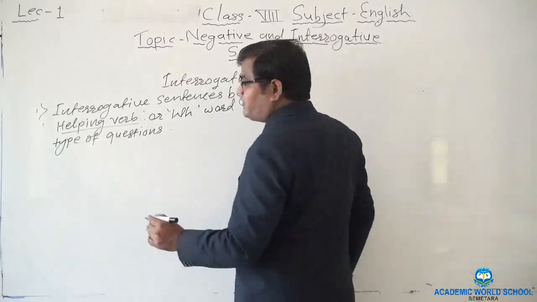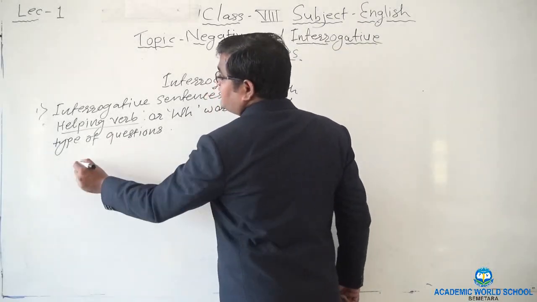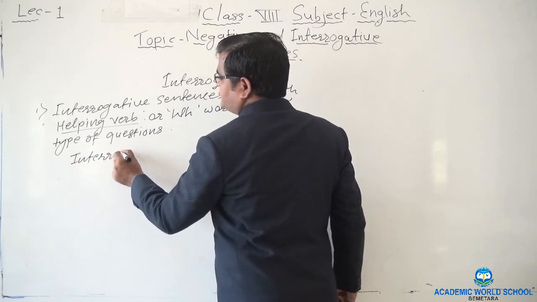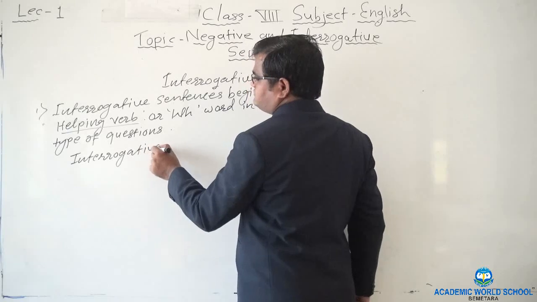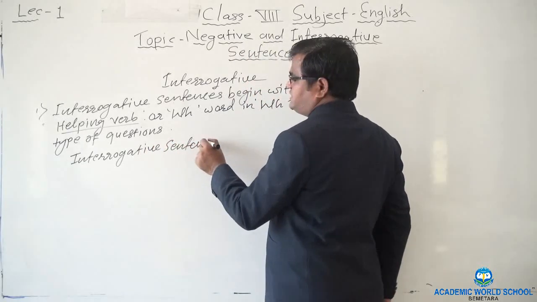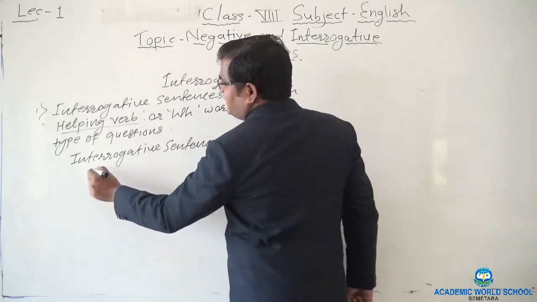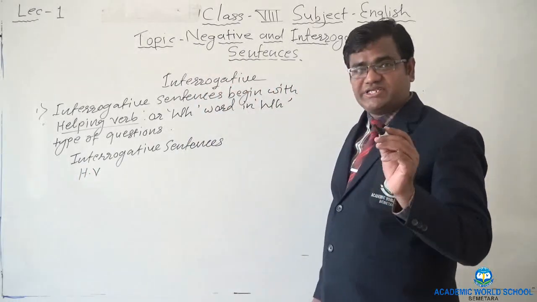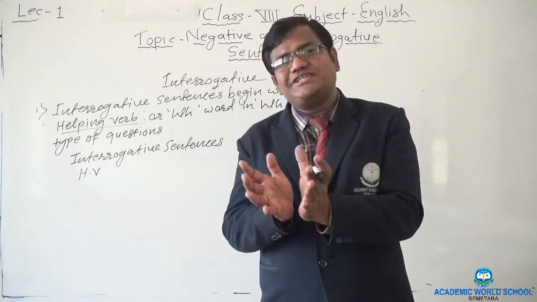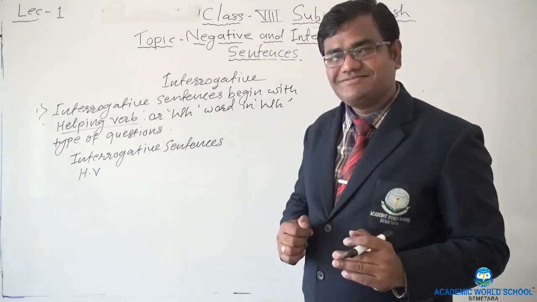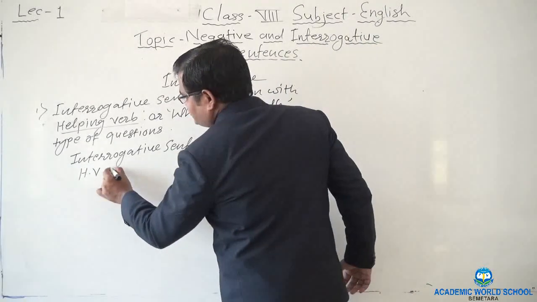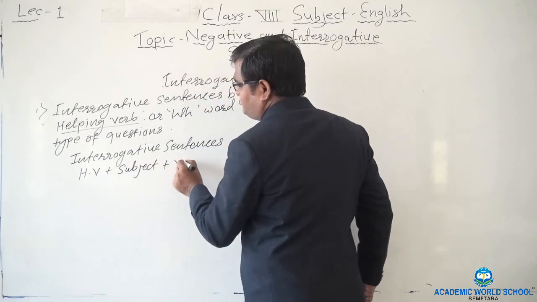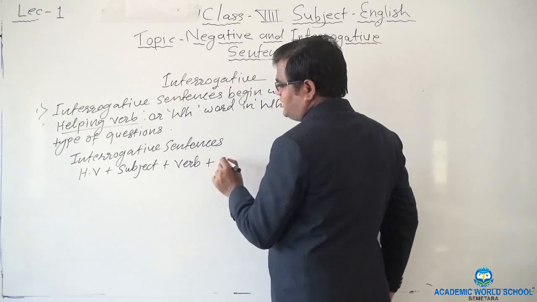Now what will the formula be for interrogative sentences? The formula will be helping verb, which I write in short as H plus V. And what is the common structure of a sentence? Subject plus verb plus object.